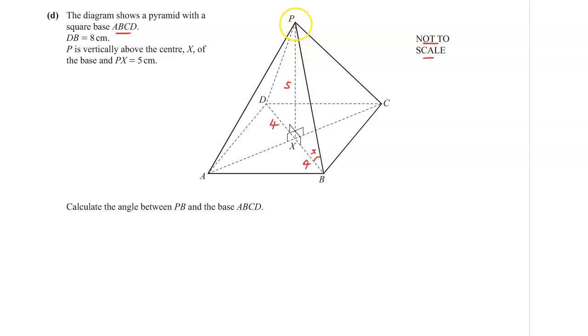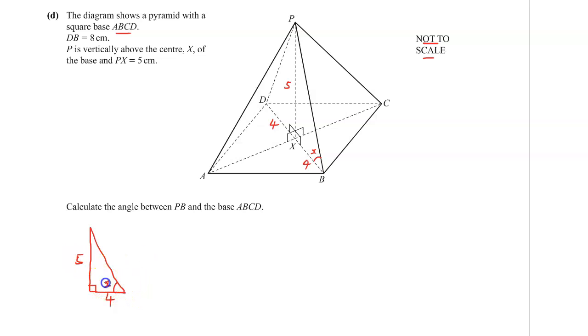Therefore, if you draw this triangle here, this triangle will look like this. The right angle triangle: this is 4, and this is 5. We need this angle here.